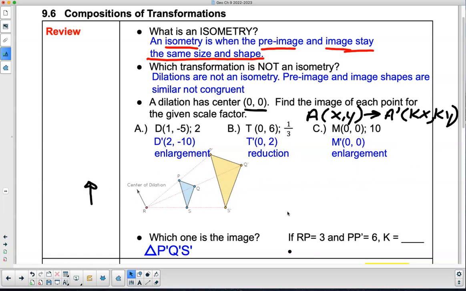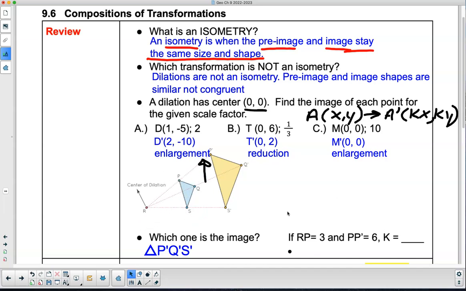Okay, now we have this picture. We have the center of dilation here, it's R, and we draw out lines from our center of dilation to an original point out to our image point. So this is our pre-image here because this doesn't have any primes on it.